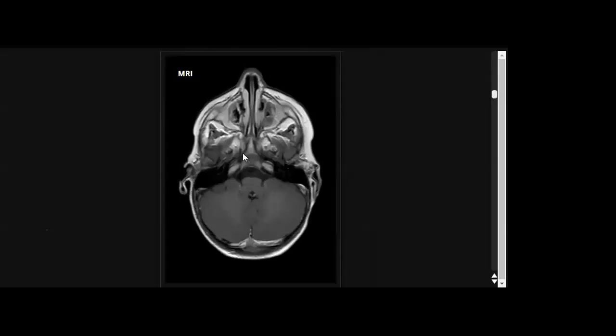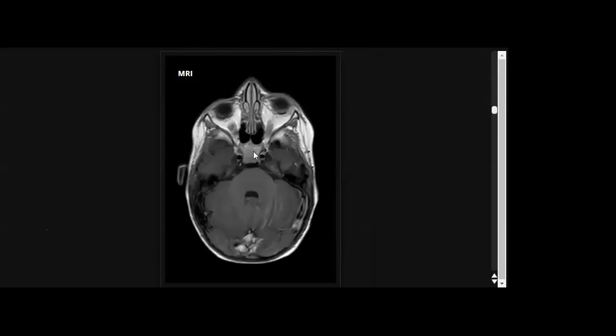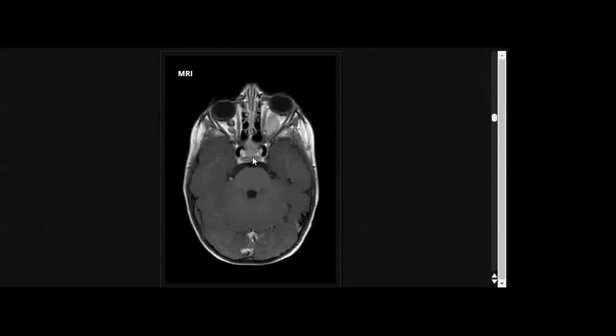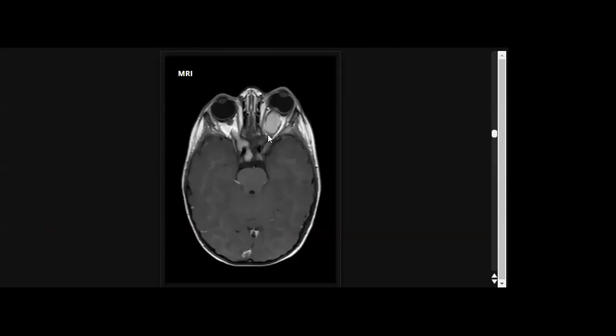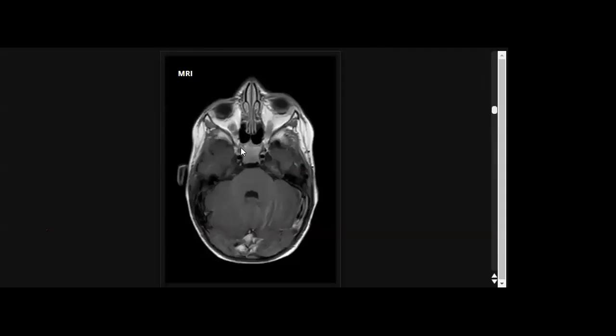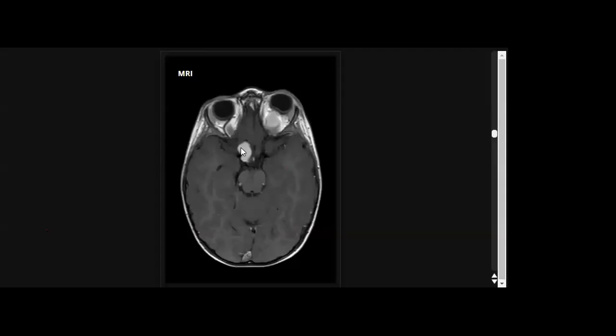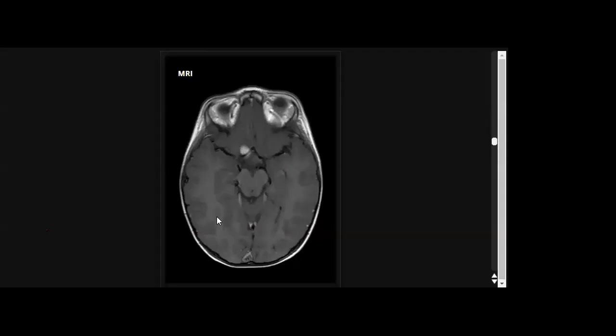It's neurofibromatosis type 1. Oh, I see here a suprasellar lesion, but what is this? Yeah, it's optic nerve glioma. Yes, it's bilateral. Yes, it's neurofibromatosis. You may also find lesions along the posterior pathway as well. Yes, there is an arachnoid cyst in the posterior fossa.